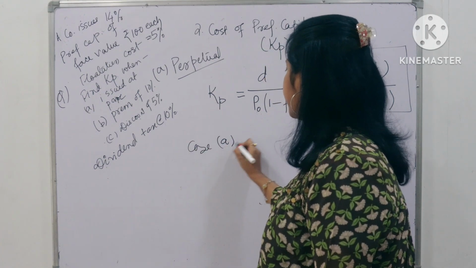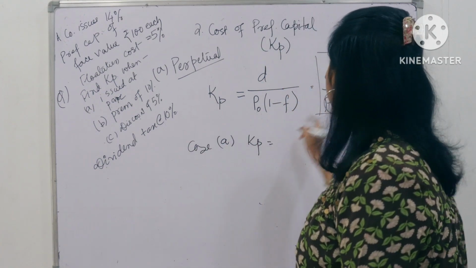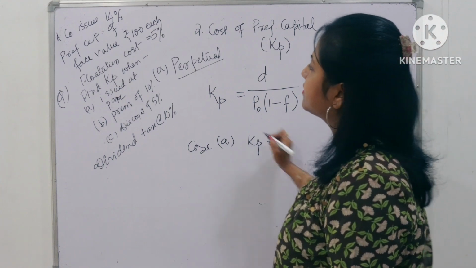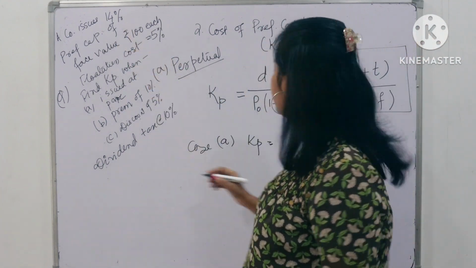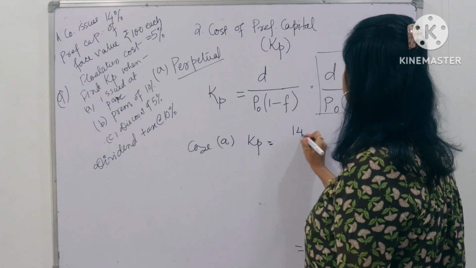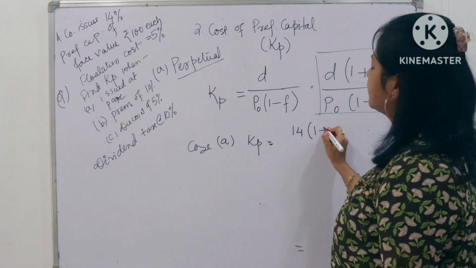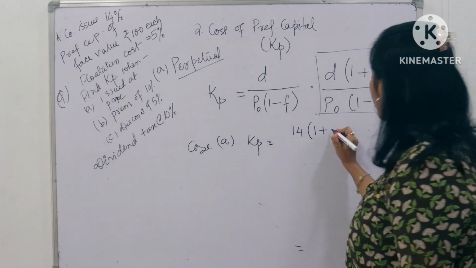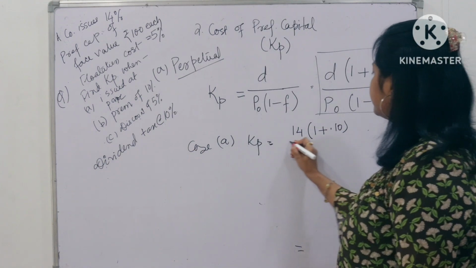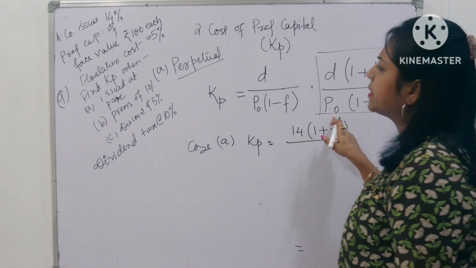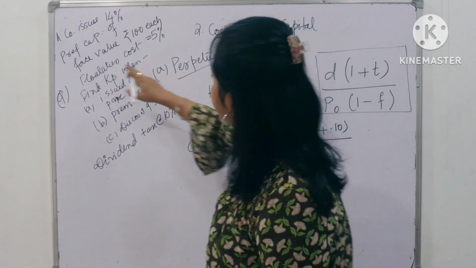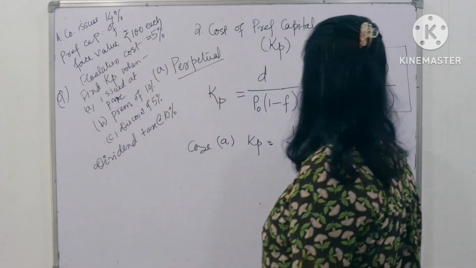Let's take up case A. KP is equal to, what is the dividend per share? 14% of 100, so dividend per share is 14. 1 plus tax on dividend: dividend tax is 10%, so 1 plus 0.10, divided by its expected selling price, which is the face value, 100.